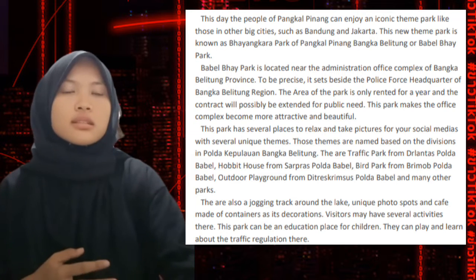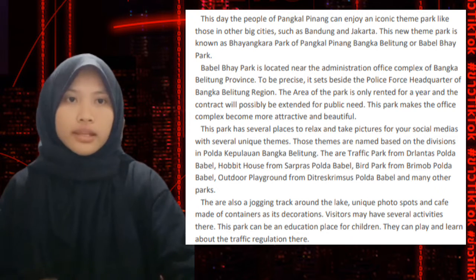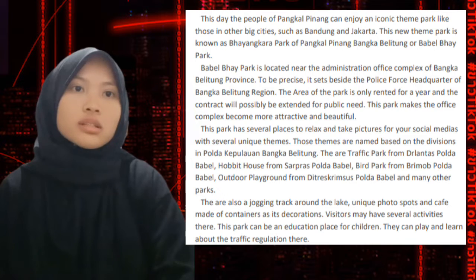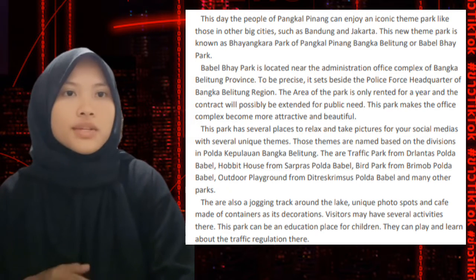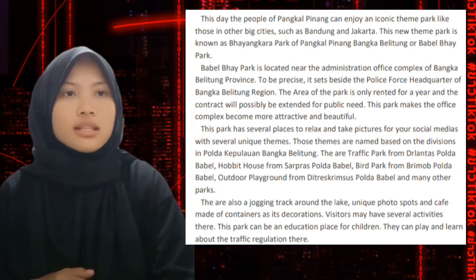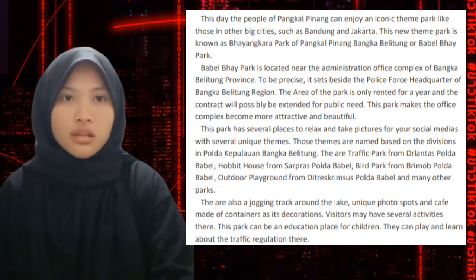As we can see in the last paragraph of the second text, in the third line, this part can be an education place for children, and the last sentence, they can play and learn about the traffic regulation there.